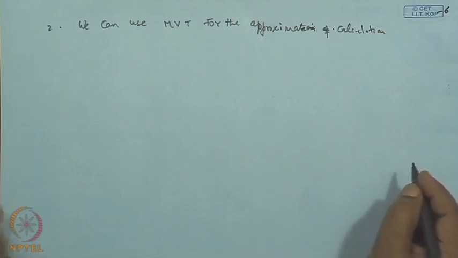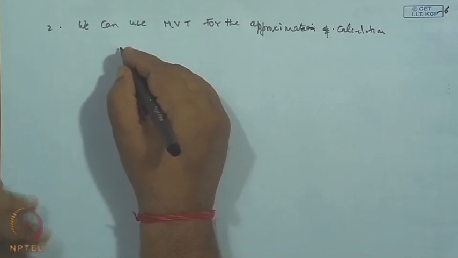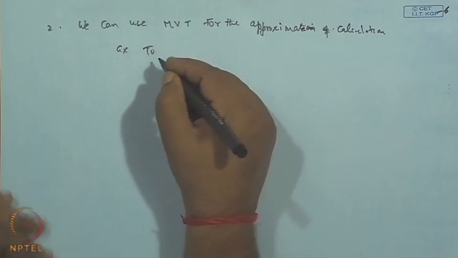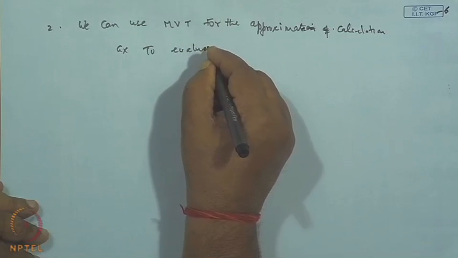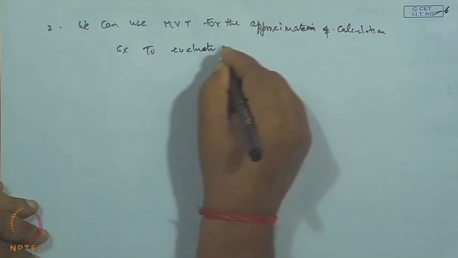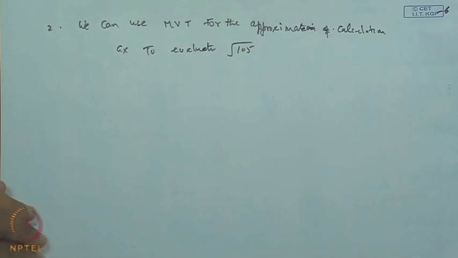Let us see how. Suppose we wanted to evaluate under root 105. Okay.